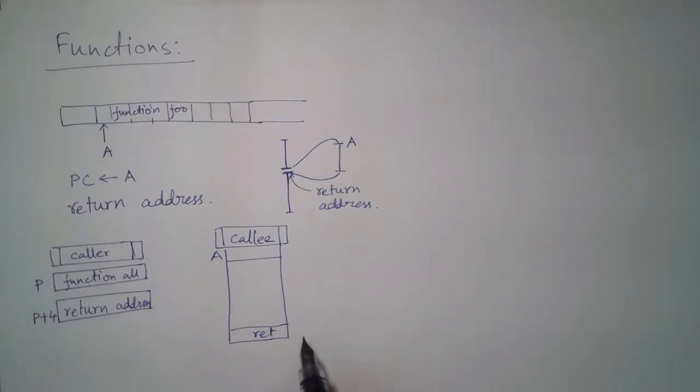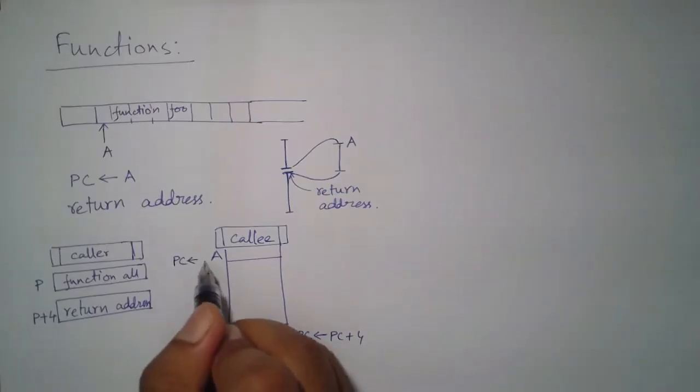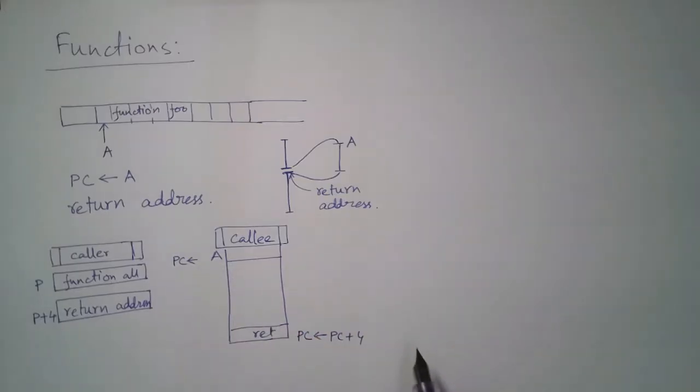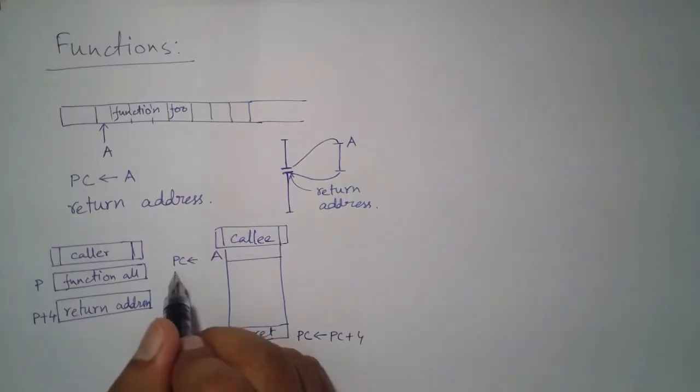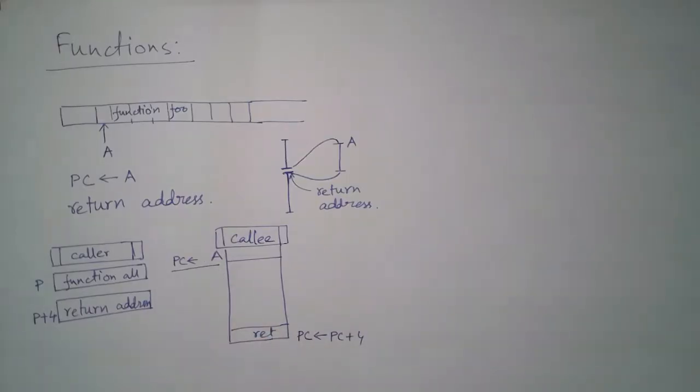So in the return address you will be storing PC plus 4, and you will be updating PC with A. This is what you do whenever there is a function call: you first store the return address, which is PC plus 4, and then update your PC with the address of the function.